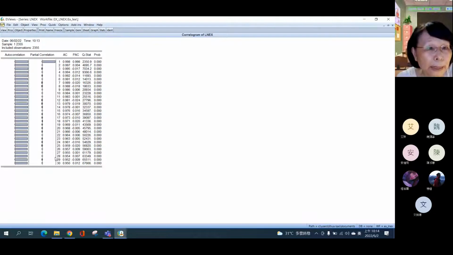Up to the lag of 30, the autocorrelation is almost 95%, meaning 0.95, right? So 0.95 is pretty close to 1. So they are highly correlated.